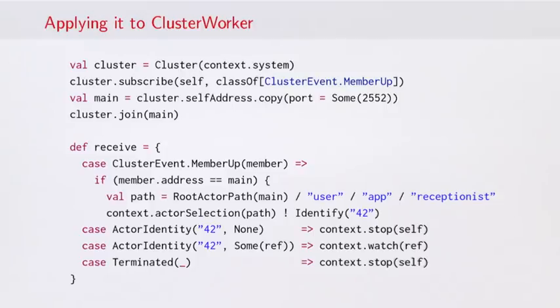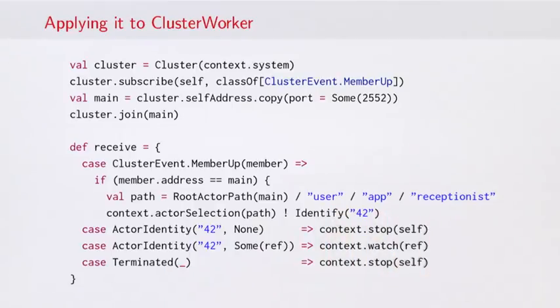We can construct the receptionist's actor path because we have the main address and we can form a root actor path from it. And then these paths have a little DSL built in where you can separate the path components by slashes. So this is the address of the cluster main /user/app/receptionist.